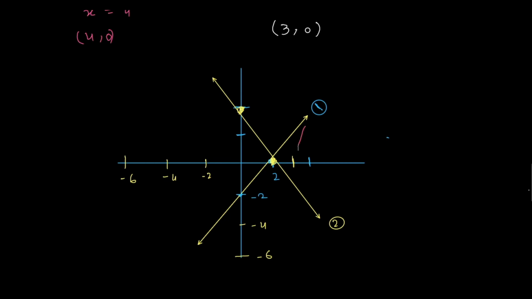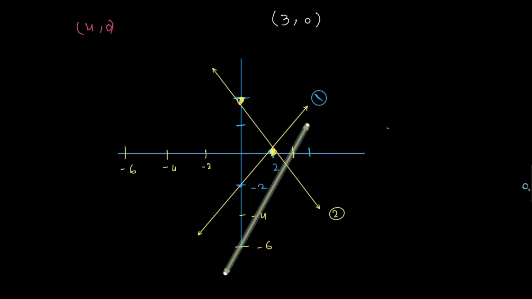So this is our third line. This means that we have the first line, the second line, and this is your third line.